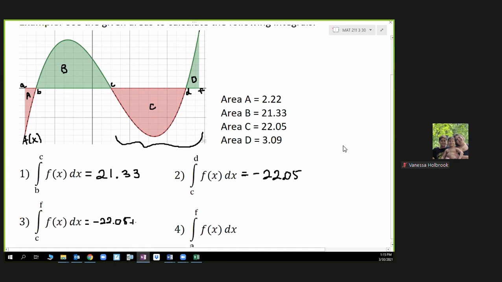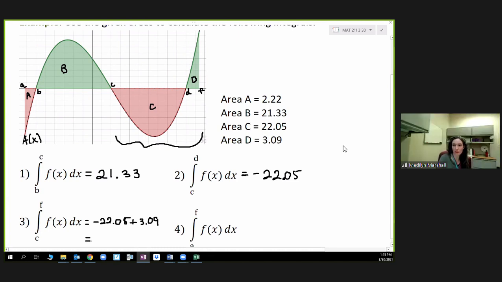Exactly. And whatever that turns out to be. So that's the key here. If we're finding a definite integral over some interval, geometrically or graphically, it is that signed area all added up. Areas above the x-axis are positive and below are negative.